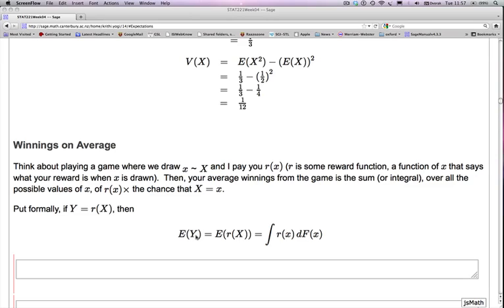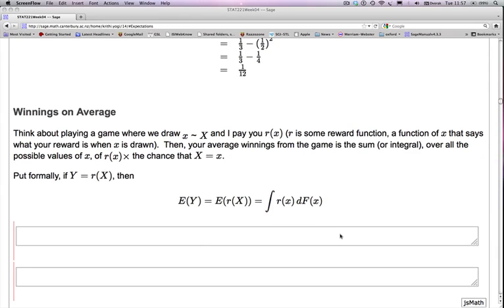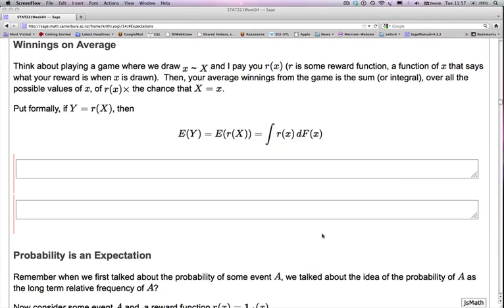Then the expectation of Y is the expectation of r of x, which is simply r of x times dF of x, integrated over the entire real line. With this idea of the winnings on average, or the expected reward, we can now talk about expectations of rewards of various random variables.